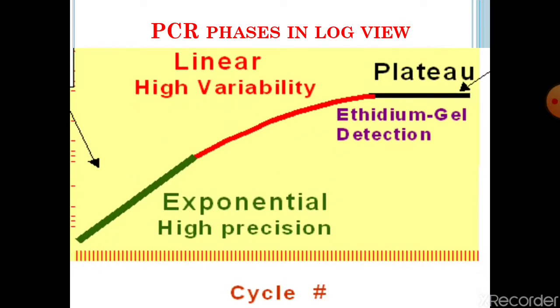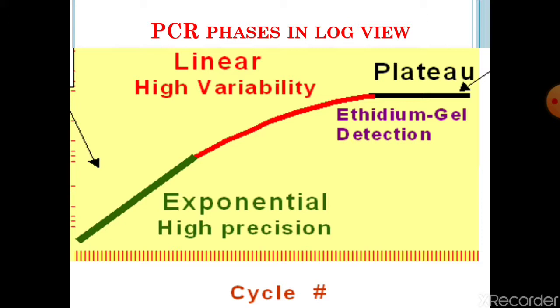Now let's see the PCR phases in the log view. The amplification phases can be viewed differently to assess the PCR phases. This figure shows the phases of PCR in log scale view. On the x-axis we have the number of cycles, on the y-axis we have the log of DNA concentration. The initial green line shows the area of detection for real-time PCR, whereas the black line plateau shows the traditional PCR detection.